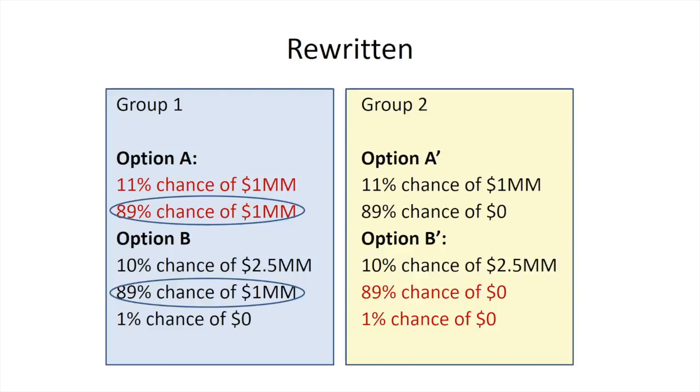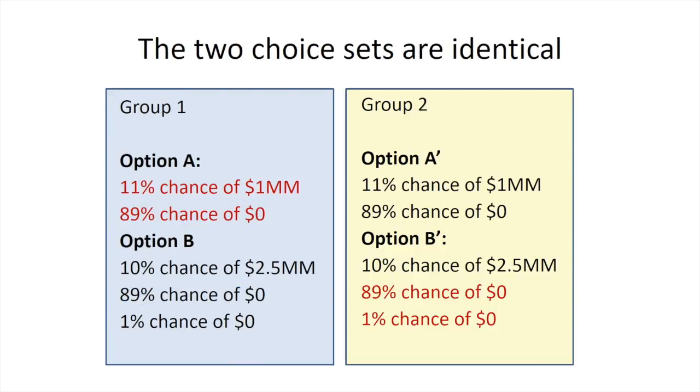If I did that, I would get the two groups looking like this. Option A in the blue box is an 11% chance of 1 million versus an 89% chance of nothing, which is the same as option A in the yellow group. And option B in the blue box is now 10% of 2.5 million, 89% of nothing, and 1% of nothing, which again is identical to option B in the yellow box.